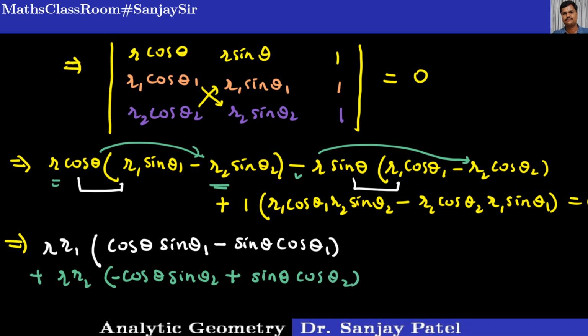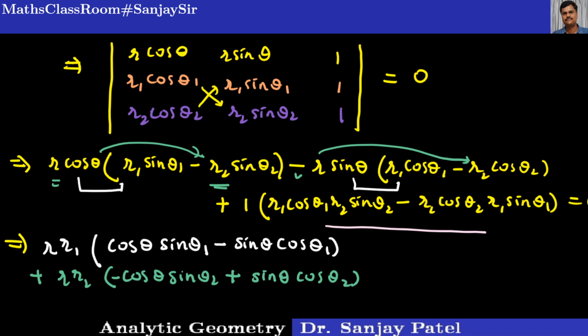Okay, what remains are the terms containing r1 into r2. So let me write down that term. r1 into r2 appears here in the last term itself. This is the only group which contains r1 r2.